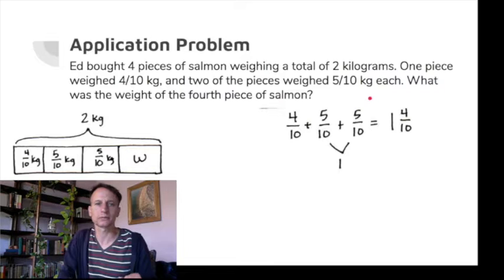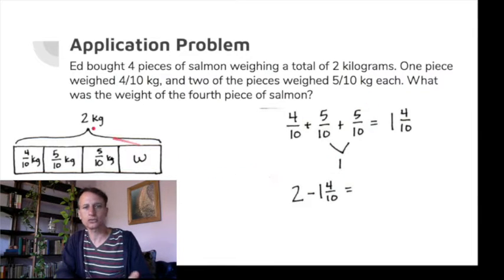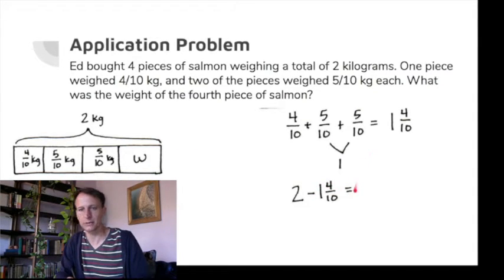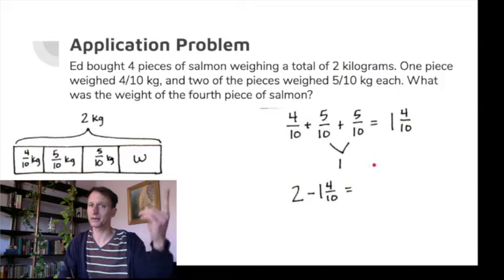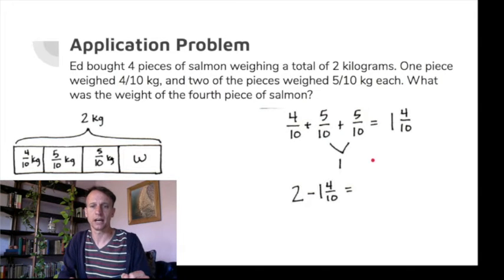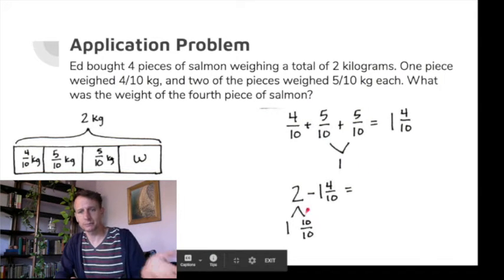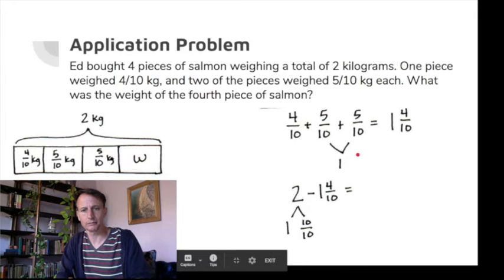Either way works. And now we're going to take the 2 kilograms, the whole weight of all the fish, and subtract the 3 that we know to find the unknown one. And I'm not going to go through all the logic of how to do this because we already did this back in fraction land. So we end up, well, here, I'll give you a little bit.